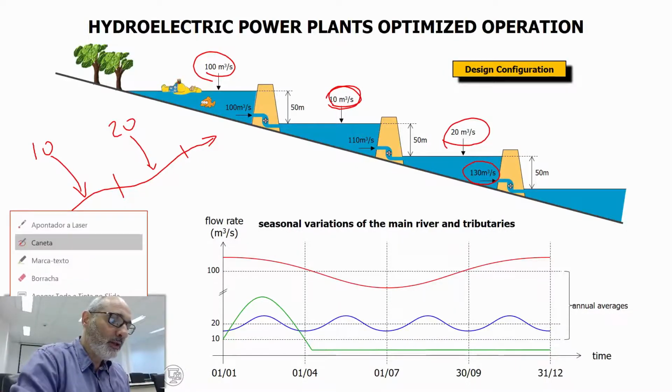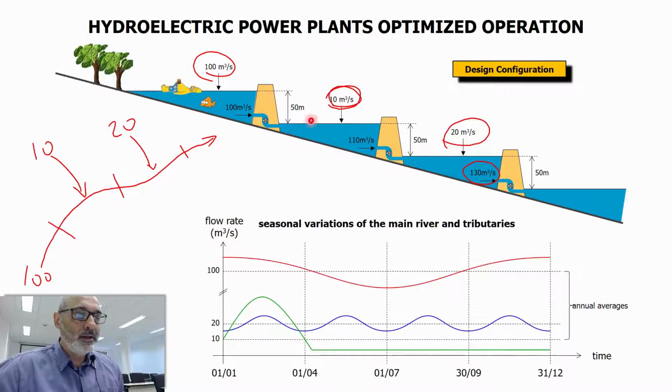This is very important. These numbers are averages. The flow rates have seasonal variations, as I'm showing here. So the main river's flow rate varies, its average is 100, but its instantaneous flow rate can vary. And we're going to define a variation, just to represent the actual variations that we have, in order to simulate the effects.